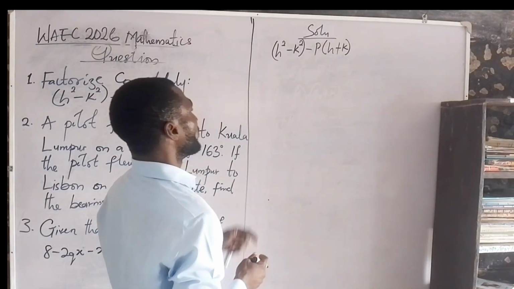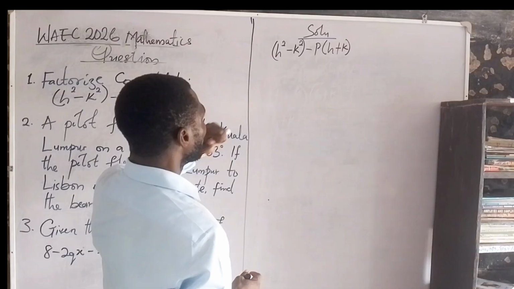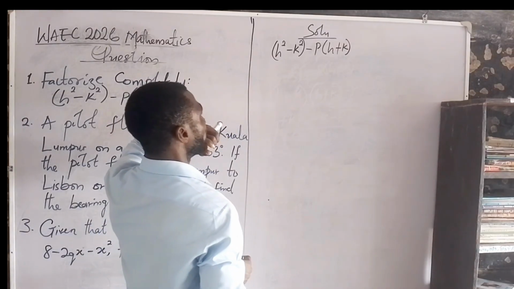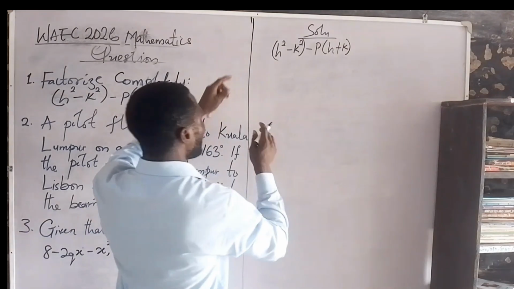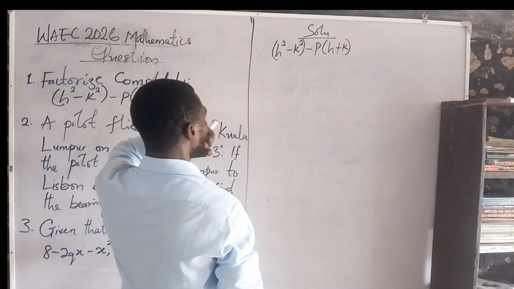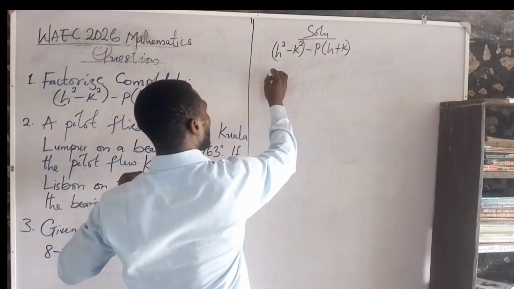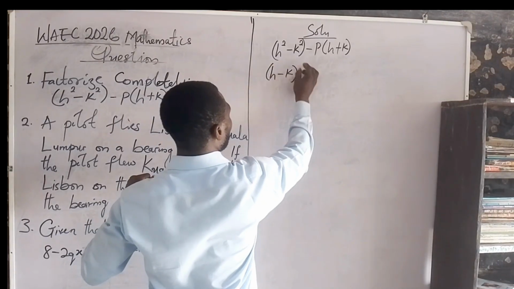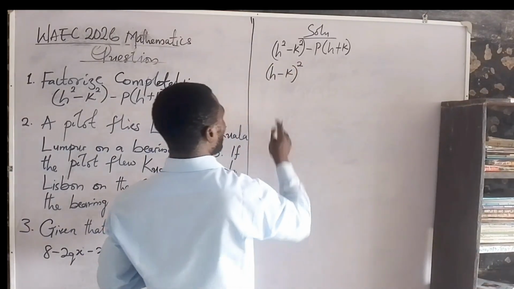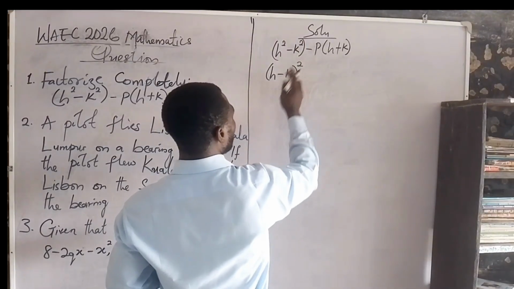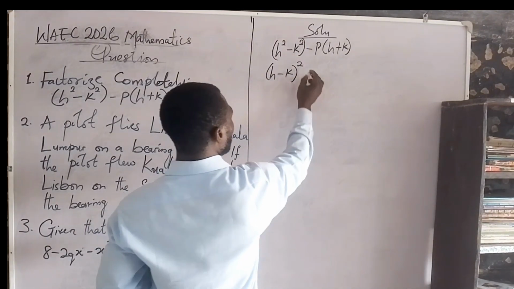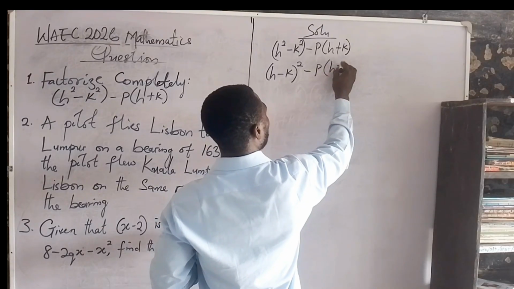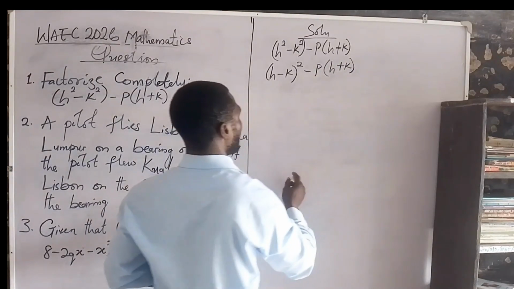When you look at this question very well, from the left hand side where we have h squared minus k squared, we can take the difference of two squares, and that becomes (h minus k)(h plus k). Since they both have squares, we take the difference of two squares. Then we'll have minus p(h plus k).